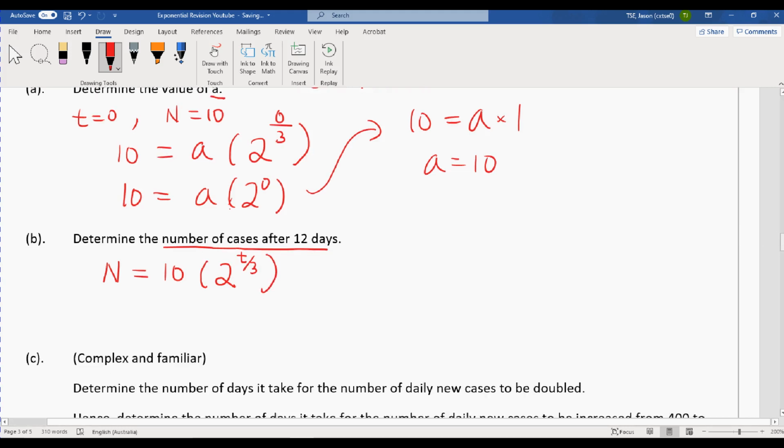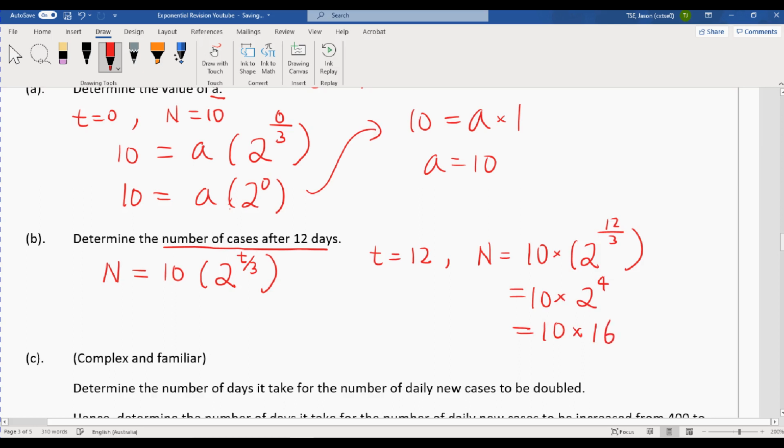If we put t equals 12, what we will get? n equals 10 times 2 to the power 12 over 3, 2 to the power 4, and you know 2 to the power 4, it must be 16.